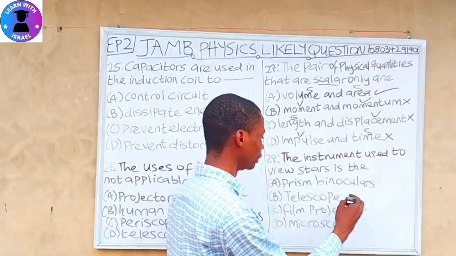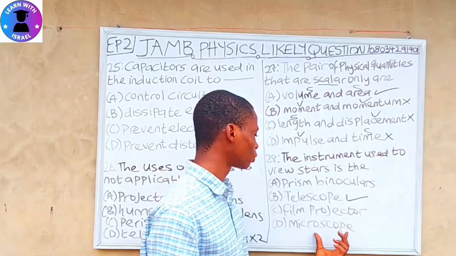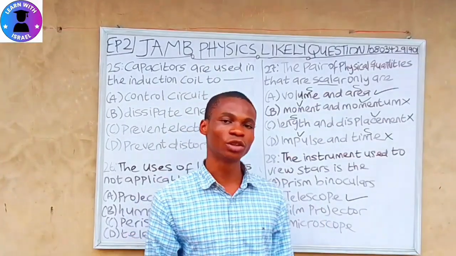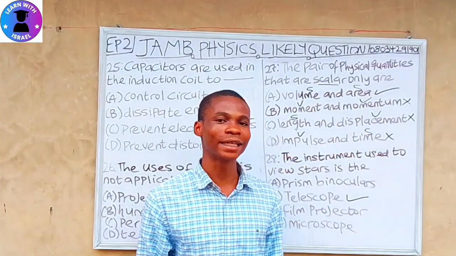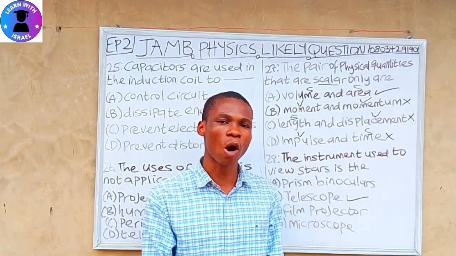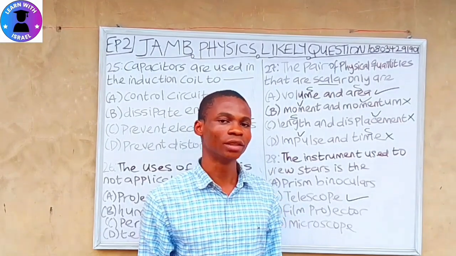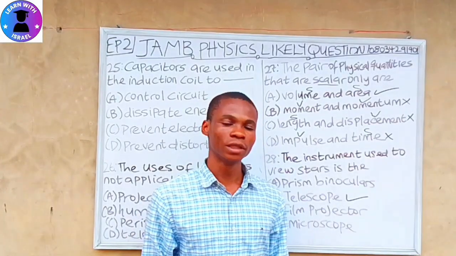So telescope is the correct answer. And for microscope, we all know microscope. Microscope is the instrument used for viewing tiny images that the naked eye can barely see, or that are too small for the naked eye to see.